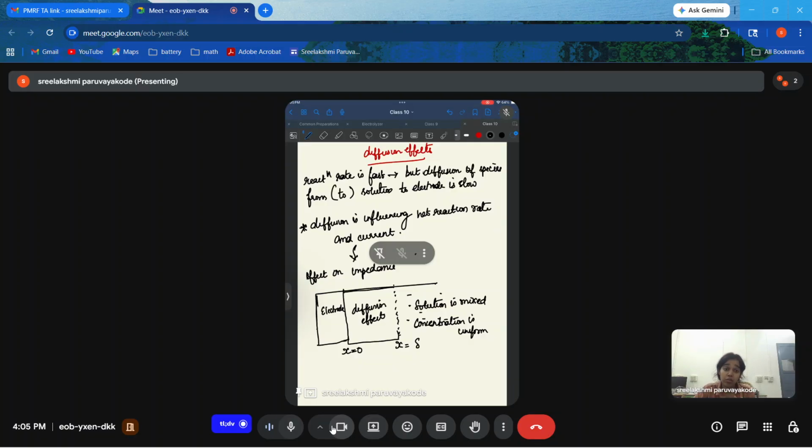So now it is possible to modify or control the region around the electrode, this thickness delta. We are able to control the thickness of delta. This can be done if we are using a rotating electrode where we are rotating it continuously. So there is a convection effect happening.